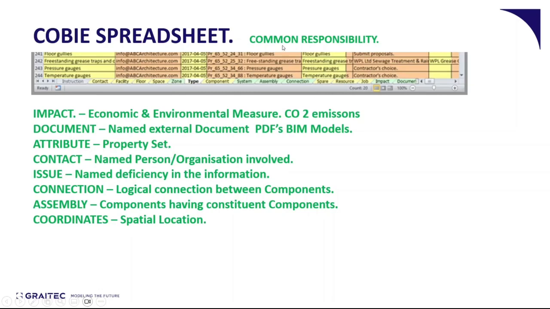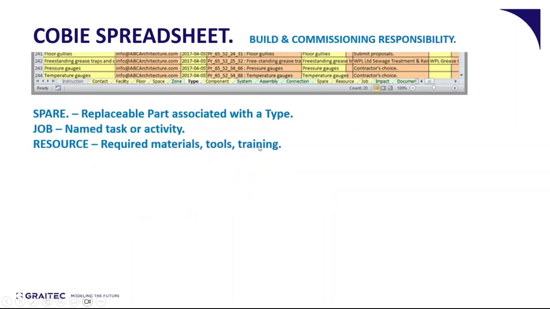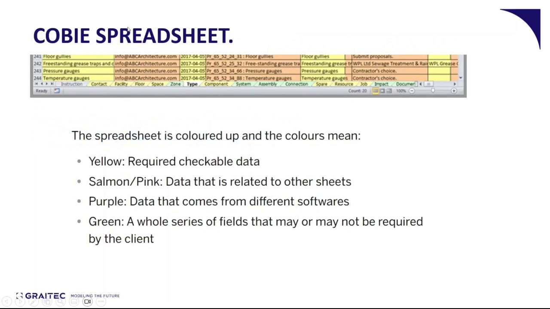So we would have common information. And then lastly, we'd have information about the build and the commissioning itself. So spares information, job numbers, information about the materials that are used within the entities within the model. So we have lots of information that's being presented in a standardized format in this spreadsheet.